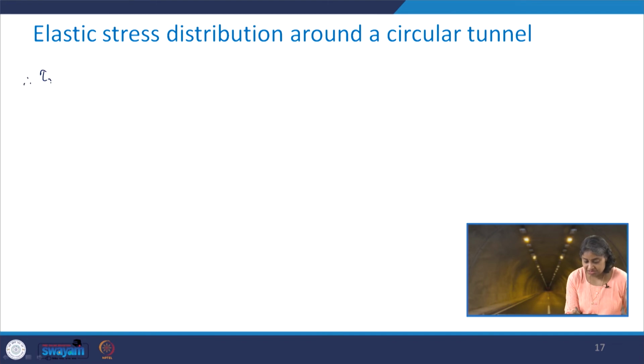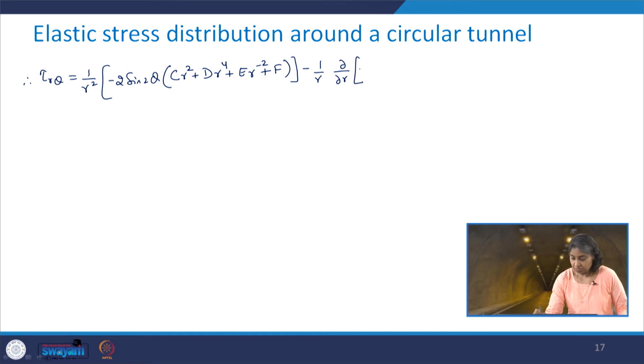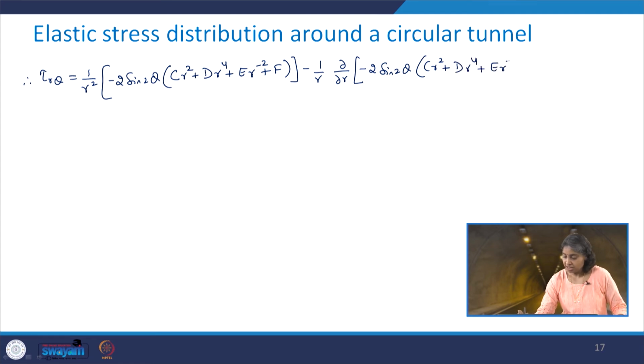So what we have is tau r theta, that is going to be 1 upon r square minus 2 sine of 2 theta, and we have c r square plus d r to the power 4 plus e r to the power minus 2 plus f, minus 1 upon r del r of minus 2 sine 2 theta into the same term, that is c r square plus d r to the power 4 plus e r to the power minus 2 plus f.